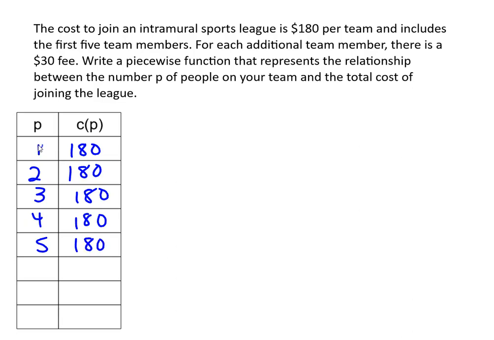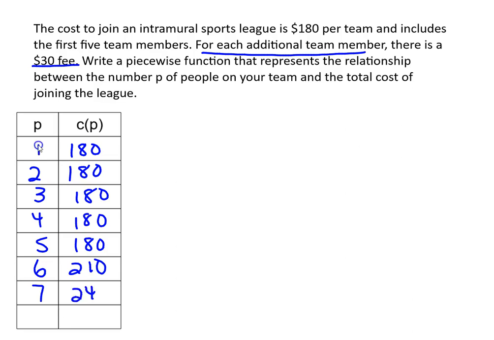But then it says here, for each additional team member, there is an extra $30 fee. So for each one of those people that we add, it's going to be another $30. So for 6 people, it's $180. That included the first 5 plus $30. So that's going to be $210. If we have 7 people, we have the $180 plus that $30 fee twice.